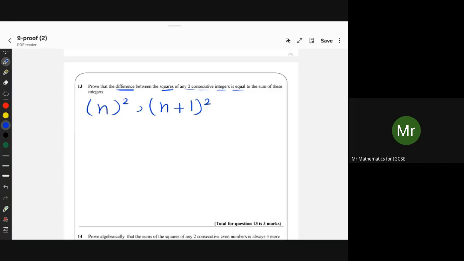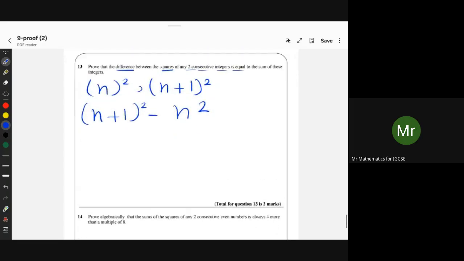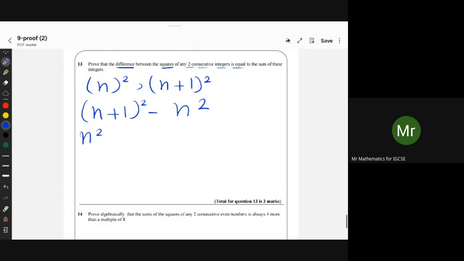Okay. So we need to take away n squared from n plus 1 squared. So we have n plus 1 squared minus n squared. Now we need to expand the bracket. So we had n squared plus 2n plus 1 minus n squared. Okay, cancel n squared with n squared, so the answer is 2n plus 1.